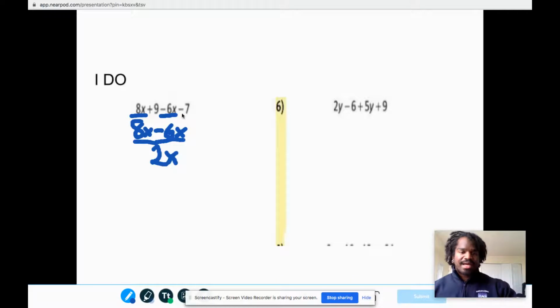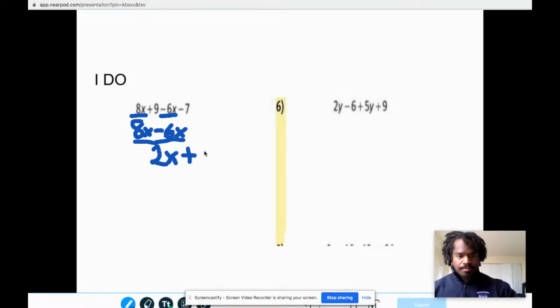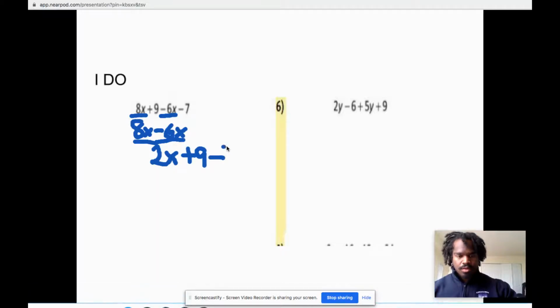So the plus 9 and the minus 7, we're going to bring that down to where we just combine these like terms. So 2x plus 9 minus 7. So we already combined all of our variables.